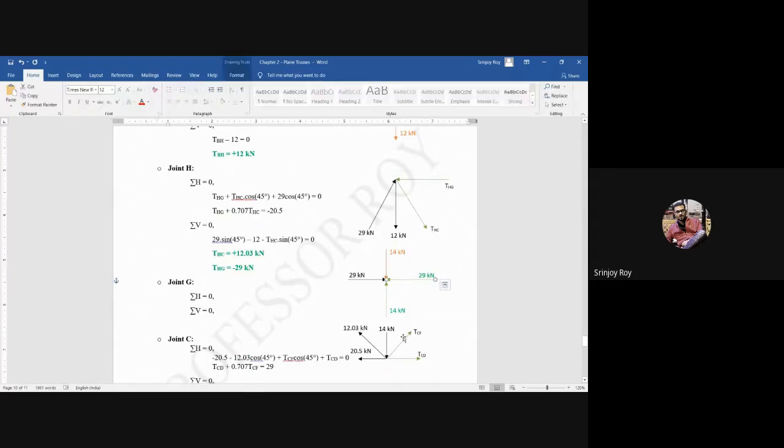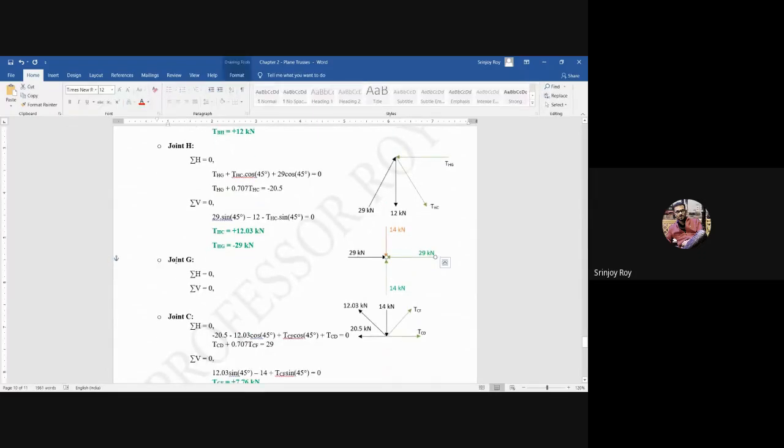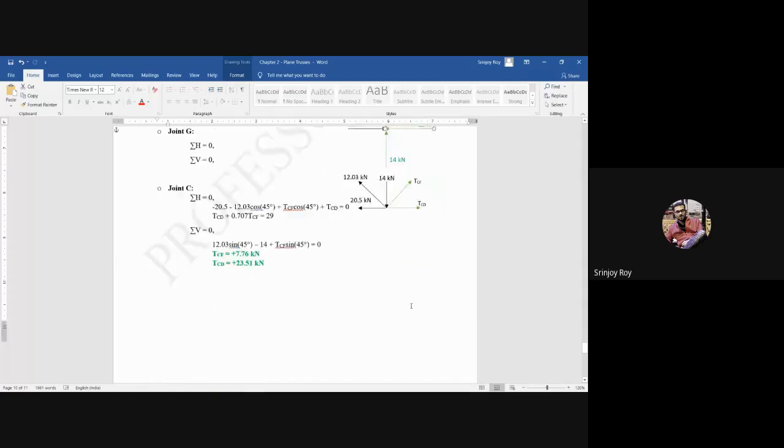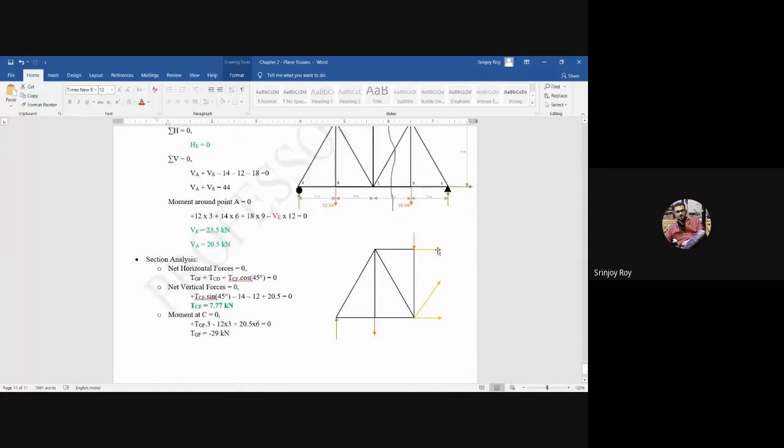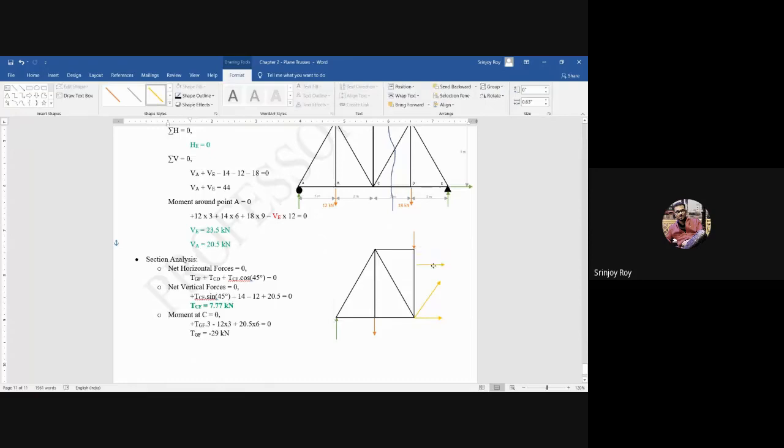Ye dekho, isn't it this wala force? Now direction will be changed, we have considered the wrong direction, the reverse direction. Yellow wala line, yaad karke dekho, ye us taraf diya tha. So that is why it is actually minus 29 hoga. Yahan par dekh lo, yahi wala hai na ye cheez, in the forward direction. Dekha?